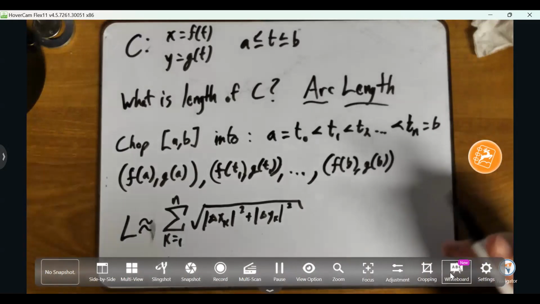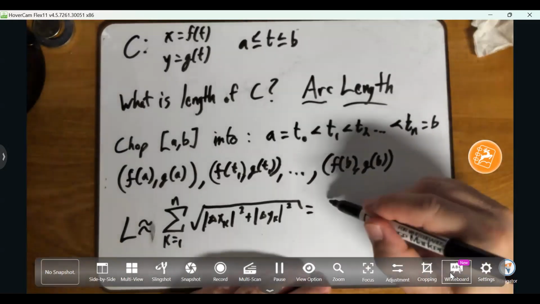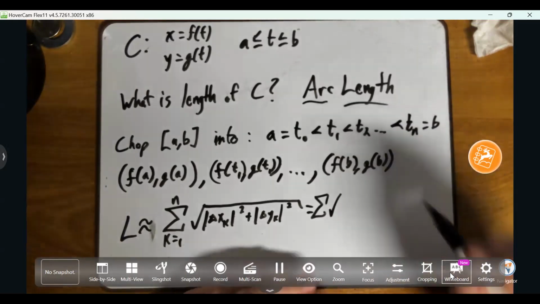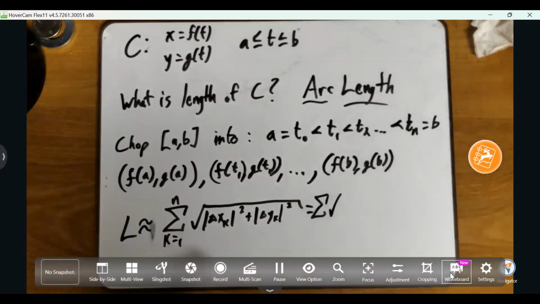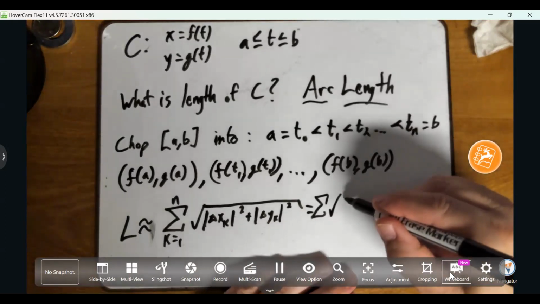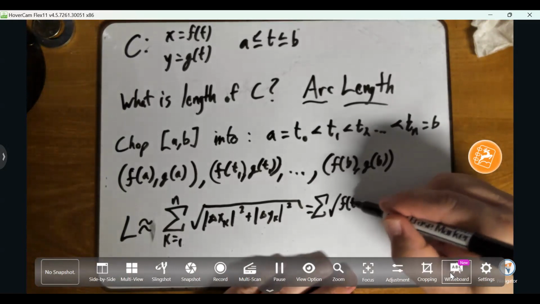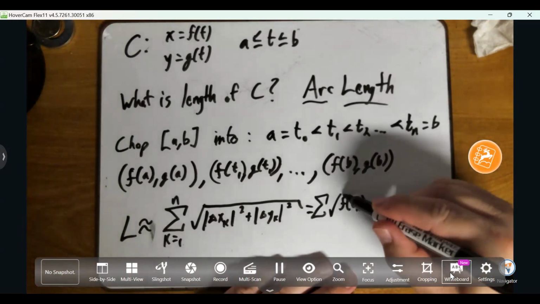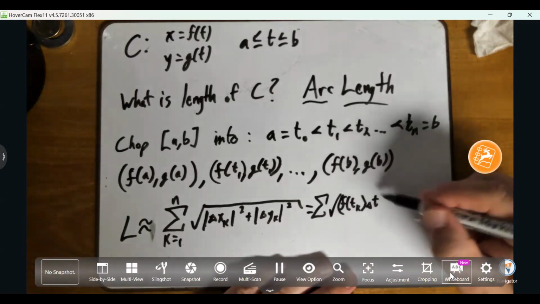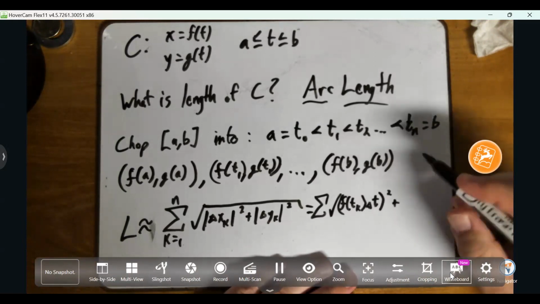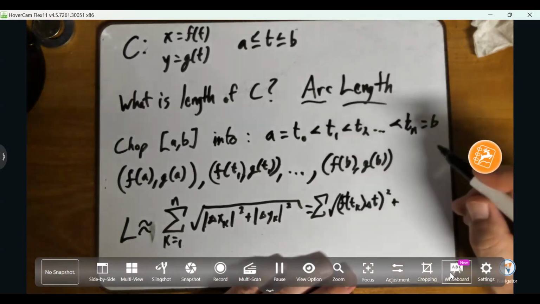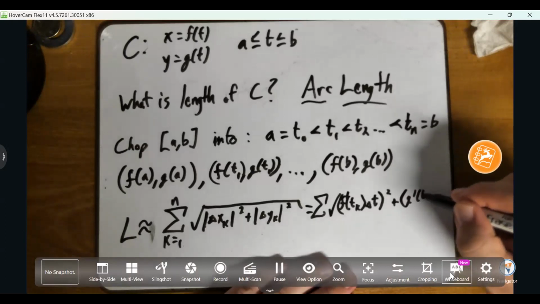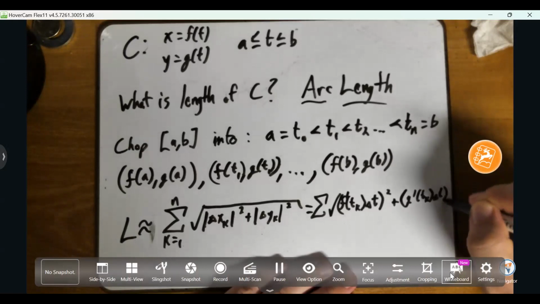Okay. But remember, with the derivative that we were just looking at, delta x_k is approximately equal to f prime of t_k delta t, and delta y_k squared is going to be g prime of t_k delta t, quantity squared.